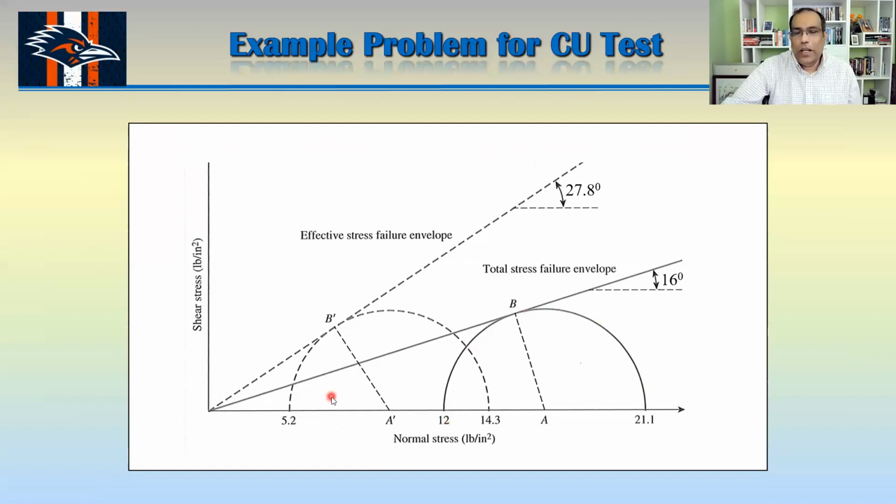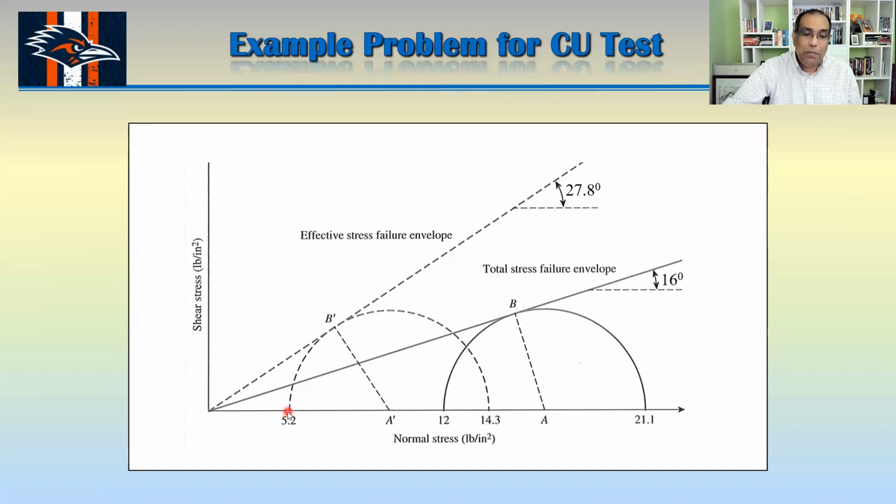If you want to do that graphically, not mathematically, you get your point A, which is (sigma 1 plus sigma 3) divided by 2, and your radius is (sigma 1 minus sigma 3) divided by 2. Draw that circle here, and then subtract the pore water pressure from sigma 3.